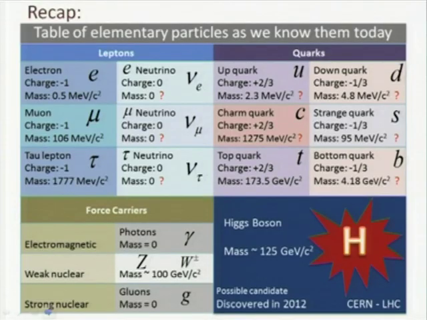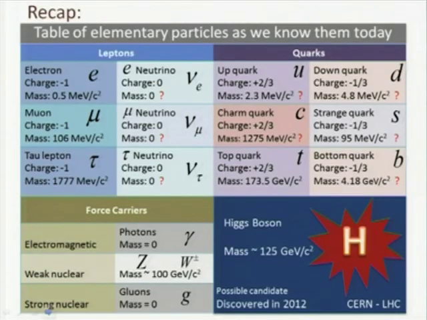Further, we said the forces the elementary particles experience, or the dynamics of these interactions, are dictated by what are called the force carriers. We can think about elementary particles associated with these interactions.